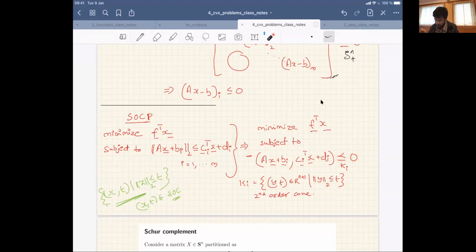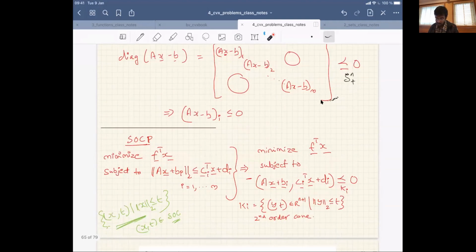So in other words, this is a constraint where an affine function of x is associated with a generalized inequality where the cone K_i is the second order cone.